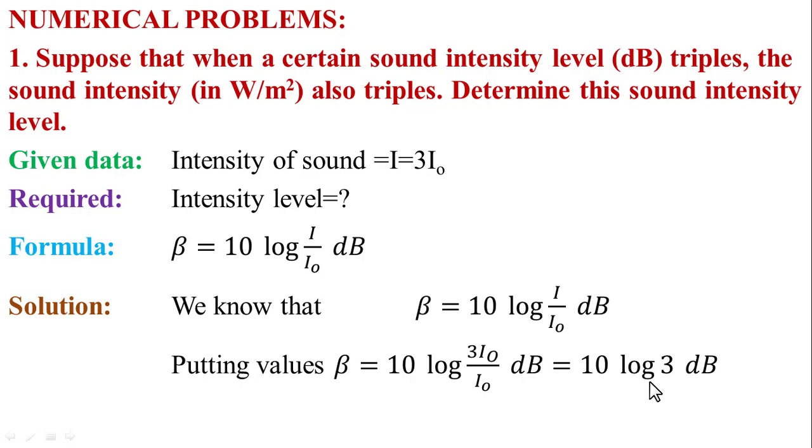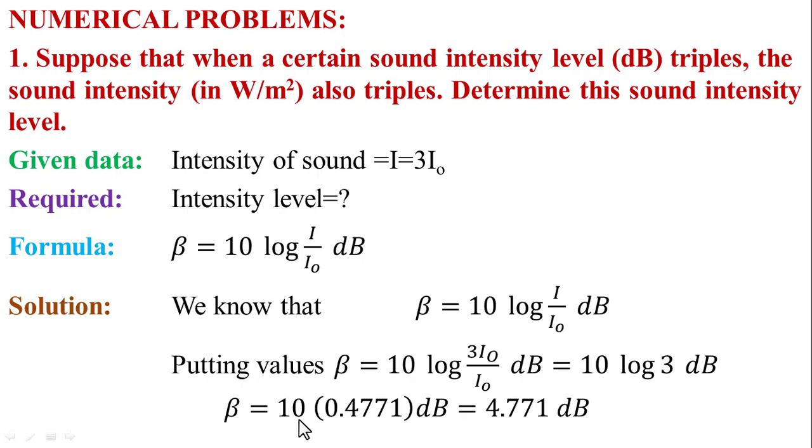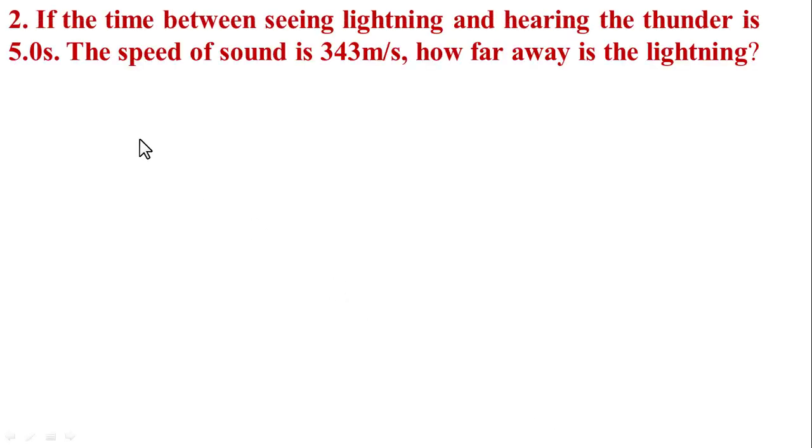Taking the log of 3 and multiplying by 10, beta is equal to 10 log of 3, which is equal to 10 multiplied by 0.4771, that is equal to 4.771 decibel.